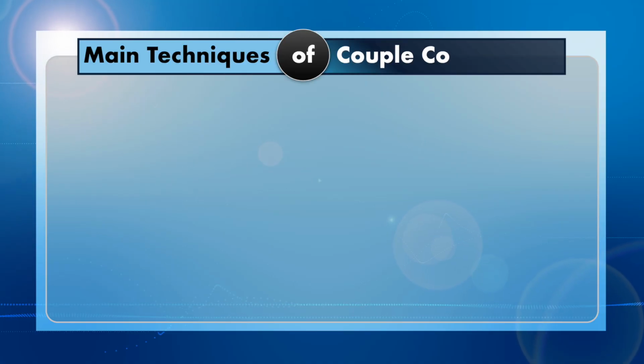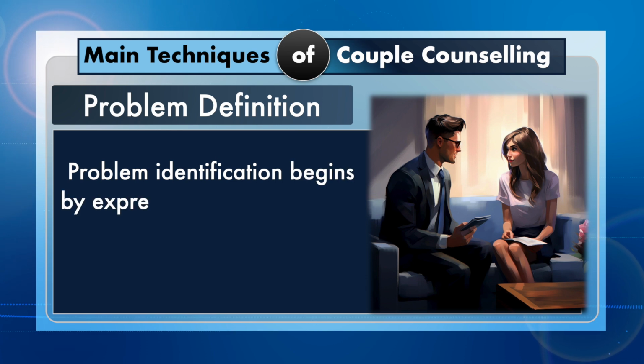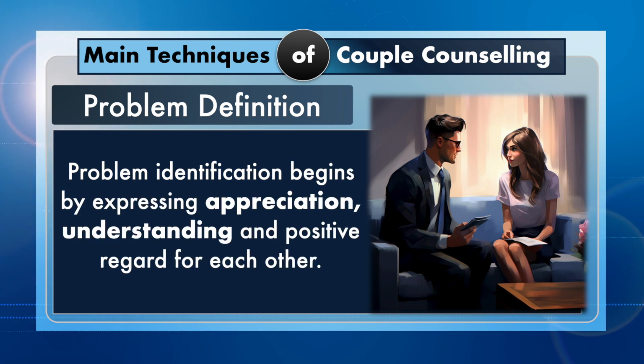Now, when the couple come to therapy, they have a history of expressing anger, hurt, complaints while talking about their problem. This happens many a time. So the problem identification begins by expressing appreciation, understanding, and positive regard for each other. It is like laying a foundation of positive interactions for improved collaboration during the therapy.